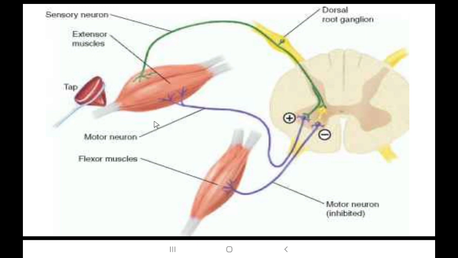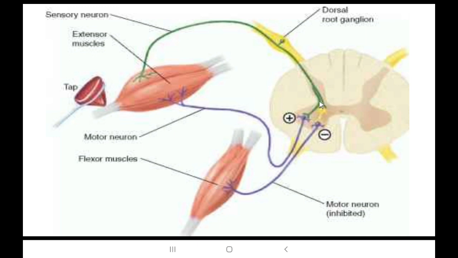You can see in this diagram, you are stimulating the tendon of a muscle, you are giving stimuli. Stimuli are carried by sensory nerve towards the spinal cord, and then it goes to the center.